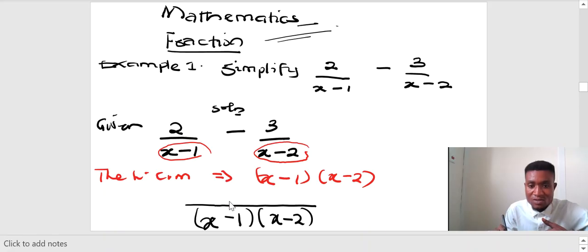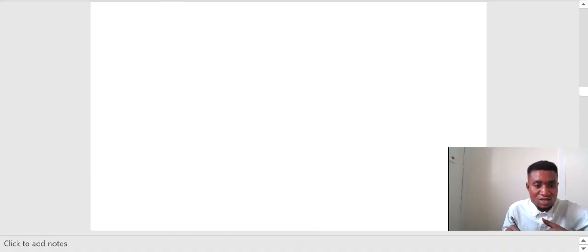When you divide the LCM by this denominator, you are certainly going to be having one of these, and then you multiply. Let's go to the next slide so that you see what we are saying here.